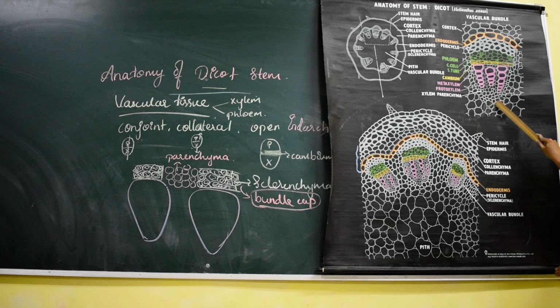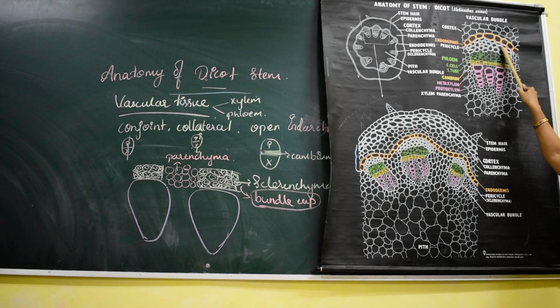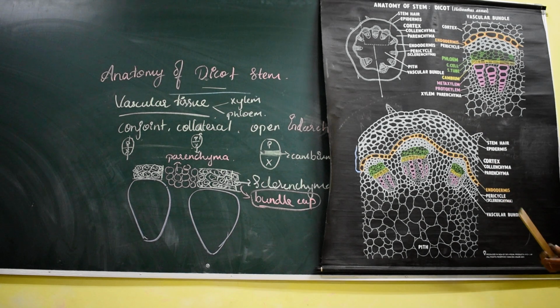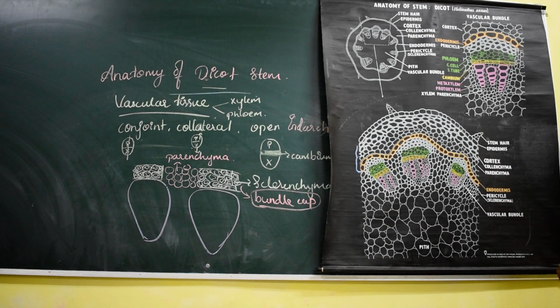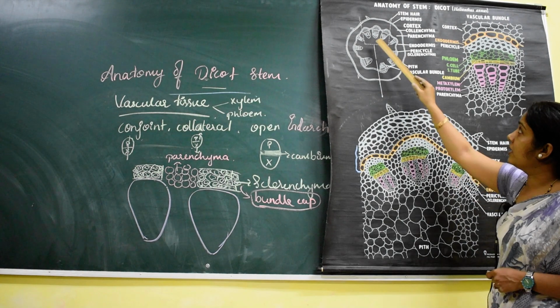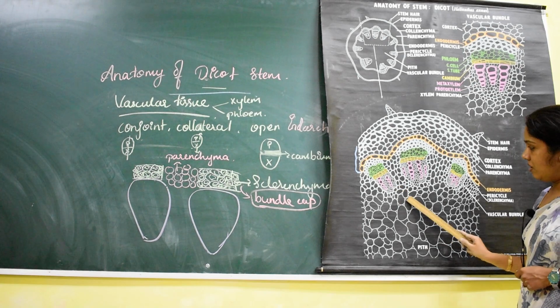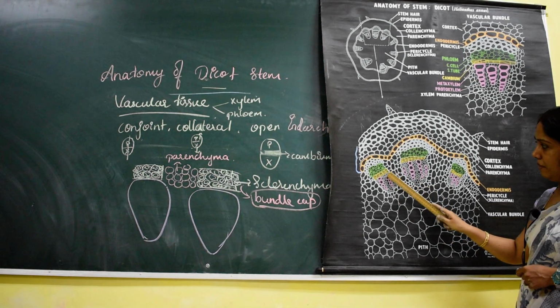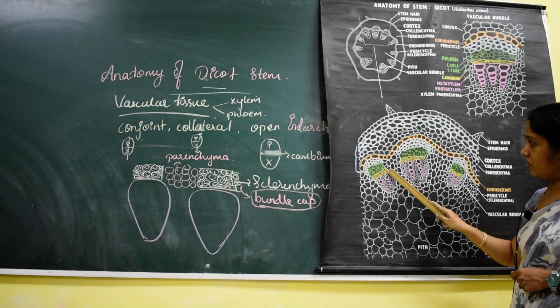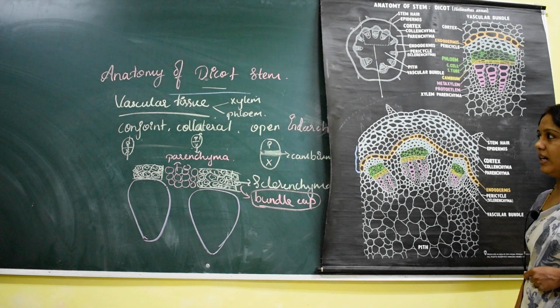If the protoxylem is towards the center and the metaxylem is away from the center, or towards the pericycle or periphery, that type of xylem is called endarch condition. This is one section cut and placed here. So this type is called endarch.